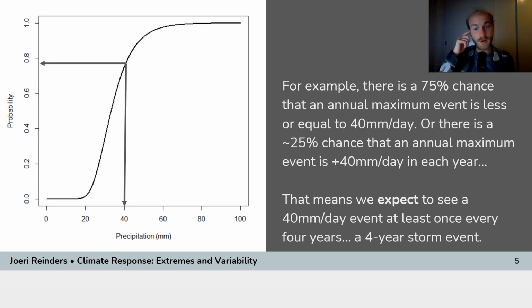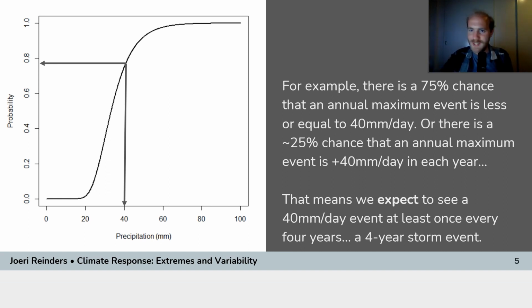We can use that to our advantage. For example, if you look at this graph and we take 40 millimeters a day as our precipitation value, we see that the probability is 0.75. So there's a 75% chance that an annual maximum event is less than or equal to 40 millimeters a day. Again, it's the opposite of the exceedance probability. So if we switch that, we have a 25% chance that an annual maximum event is 40 millimeters per day per year.